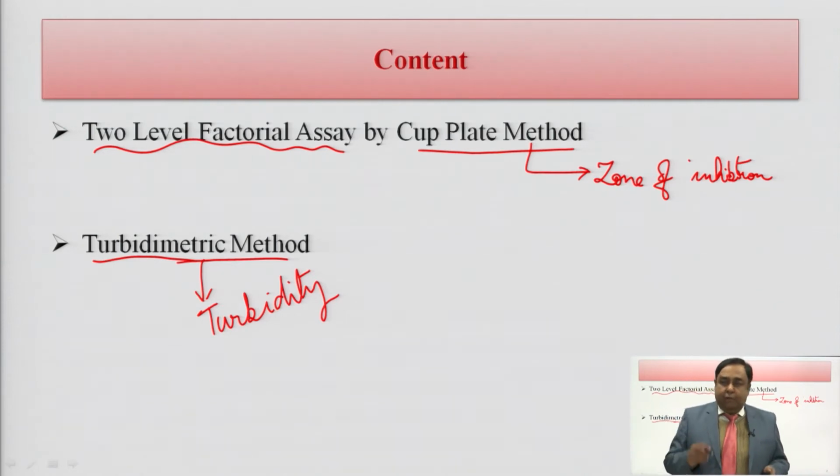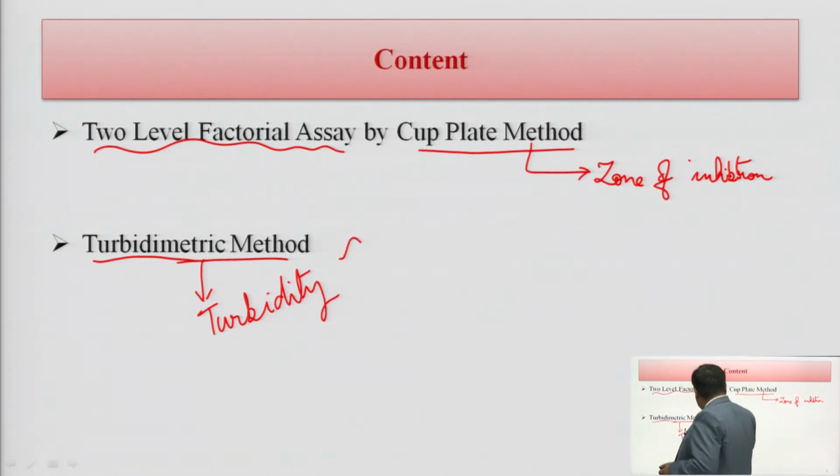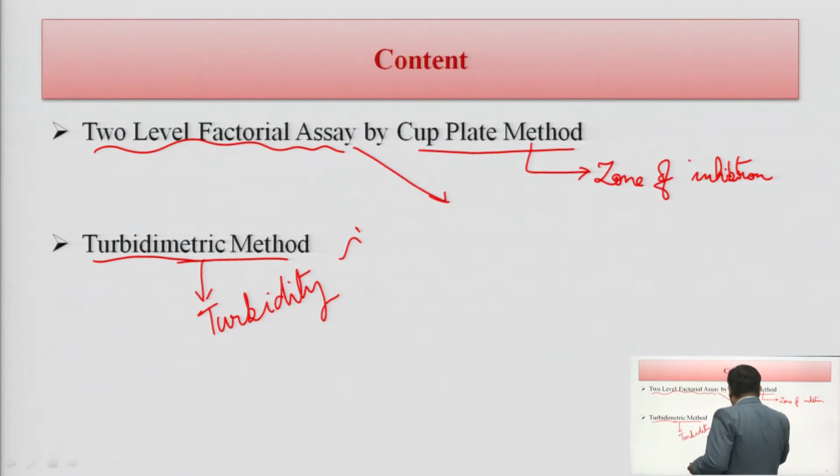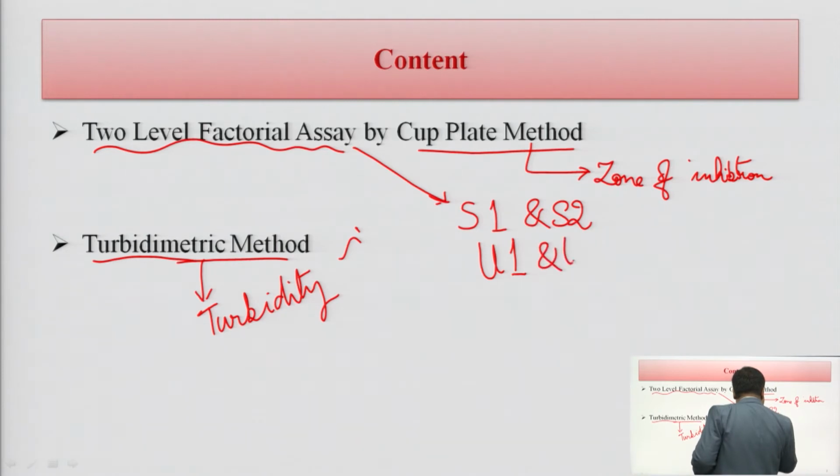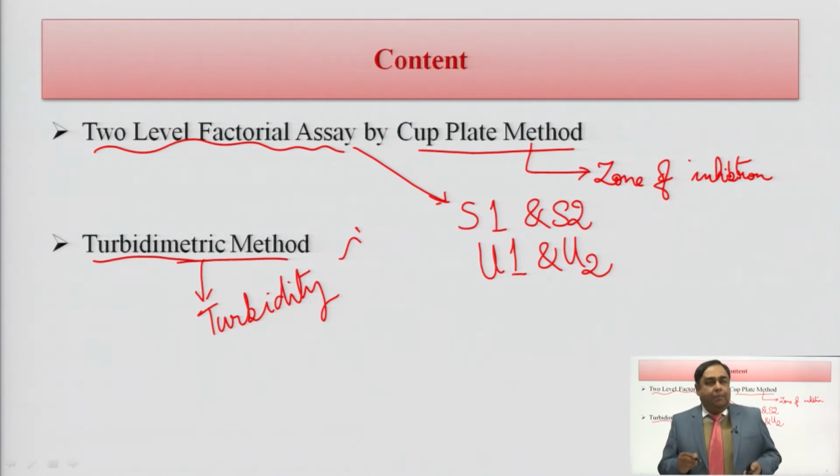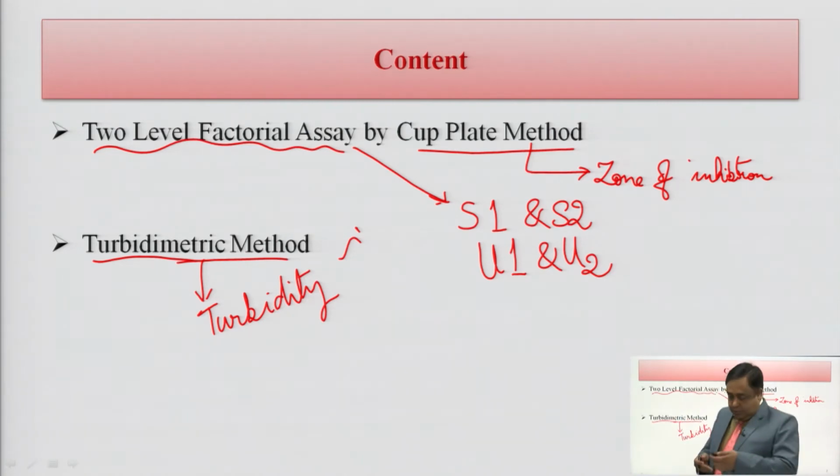We are calling it the two level factorial assay because we are taking two potencies of the standard, which we are calling S1 and S2, and for the unknown we are calling U1 and U2. And with the help of measurement of the zone of inhibition, we will be calculating the two level factorial assay.